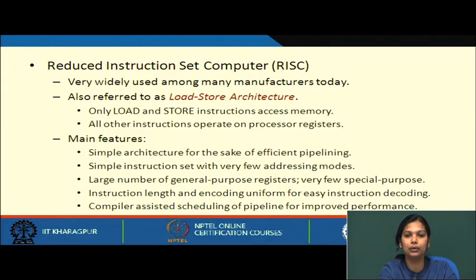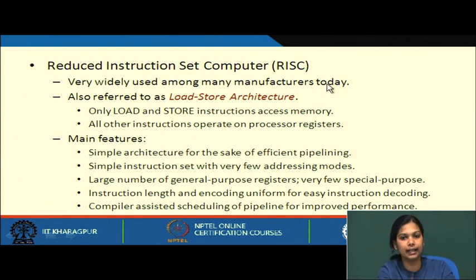Now, coming to the reduced instruction set computer. This is the architecture which is used in most of the computers today. Not only computers, but other processors, microcontrollers and other things, this RISC architecture is followed, very widely used among many manufacturers today.